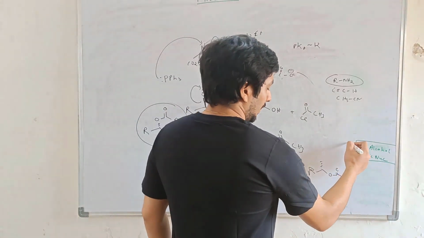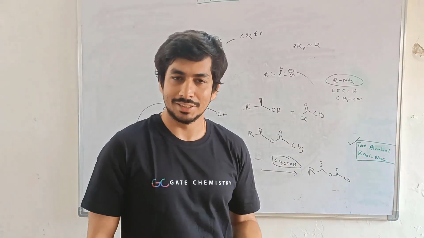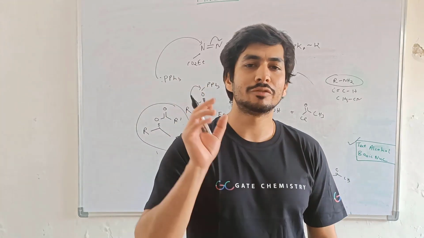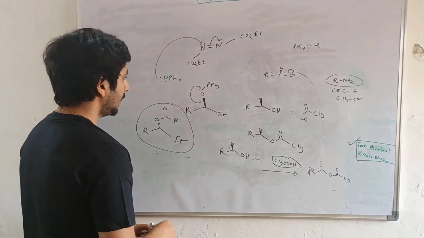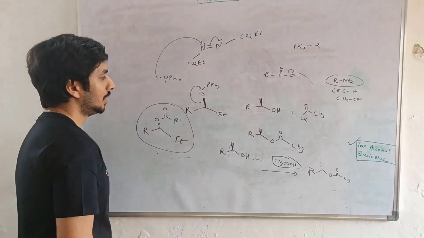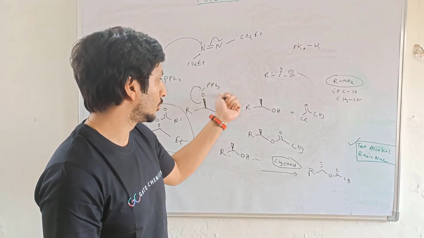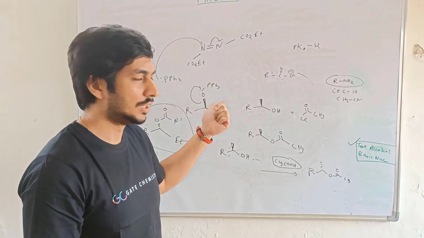Now the next thing I want to talk about is tertiary alcohol. We generally don't see the Mitsunobu reaction being used for tertiary alcohols, and one of the major reasons is steric hindrance. If you remember the mechanism, the oxygen of the alcohol goes and attacks the phosphorus, and the ligand generally used over here is triphenylphosphine.